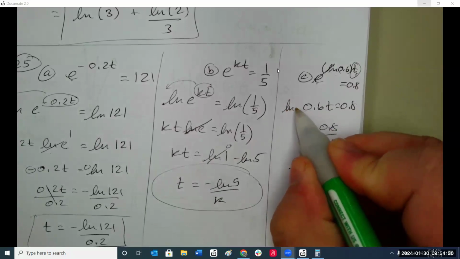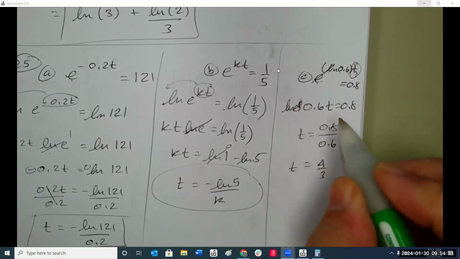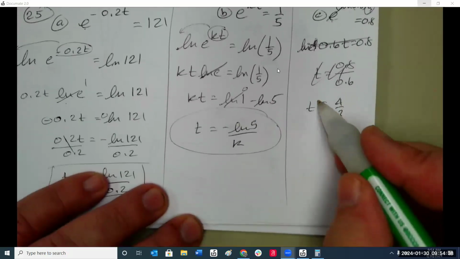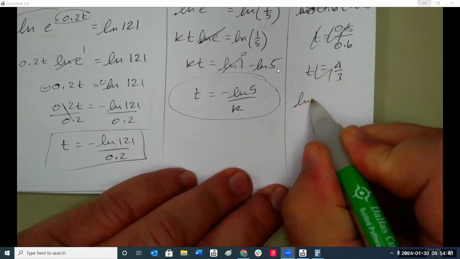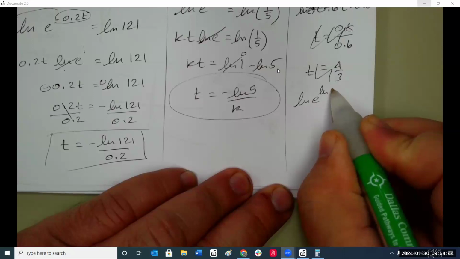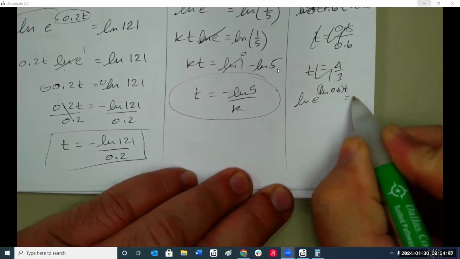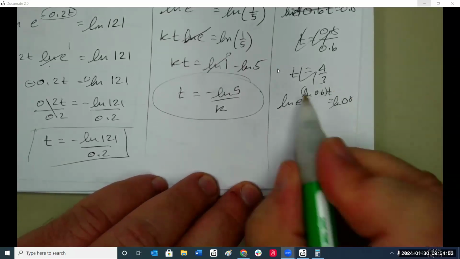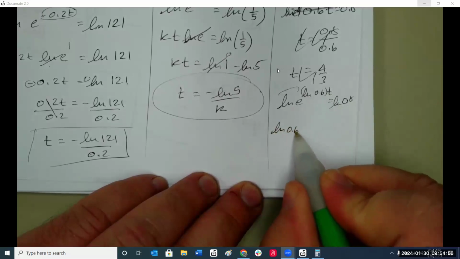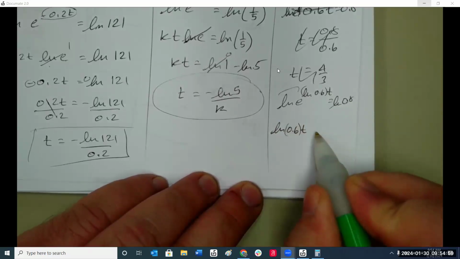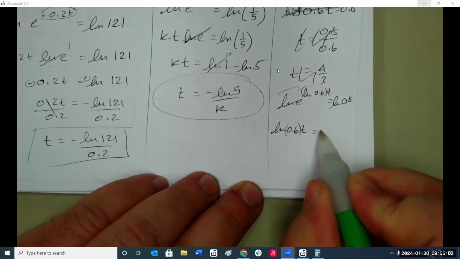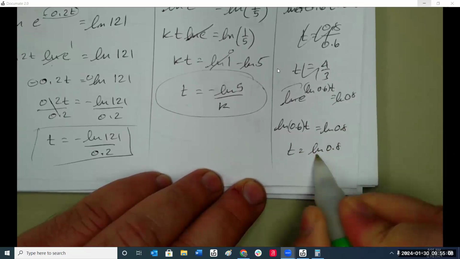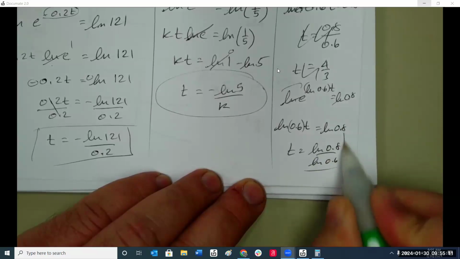So I take the ln. I can't, because I forgot there's a t there. So I have to take the ln of both sides. That comes out in front, so we have ln 0.6t. That disappears. ln 0.8. So t is ln 0.8 over ln 0.6.